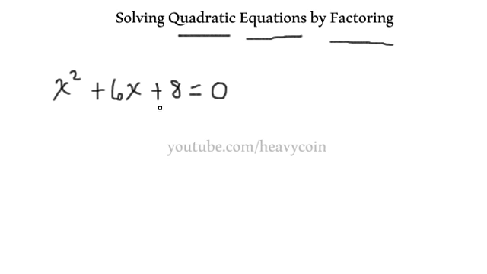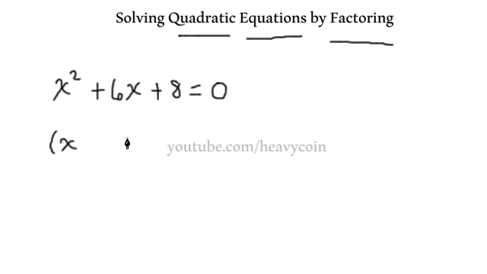We're going to factor it and then set each factor equal to 0. Just like in the previous section on factoring trinomials, in this case, because there are 3 terms, we're going to go through that same process.